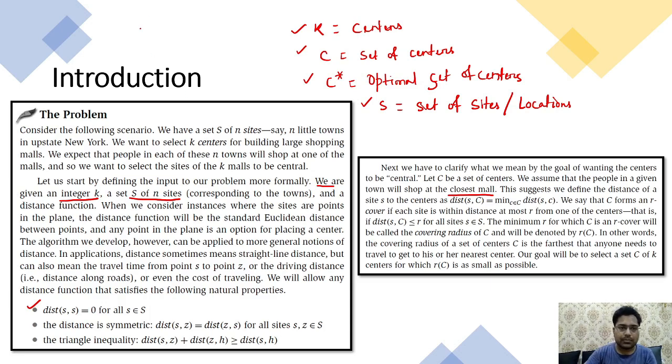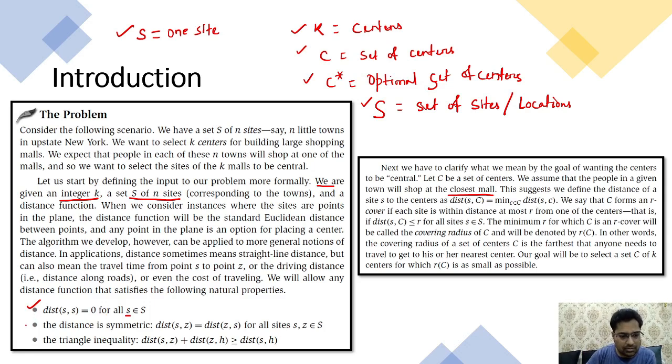The small s represents one site, or one location, out of the capital S, the set of locations. Suppose we are finding the distance of the same position. We have already read in mathematics that it is 0, for all s, where small s represents one site out of the set of sites.